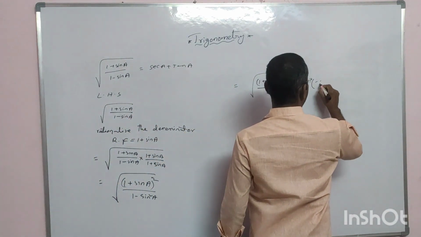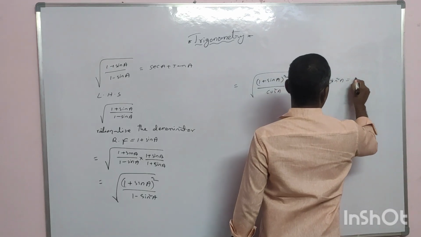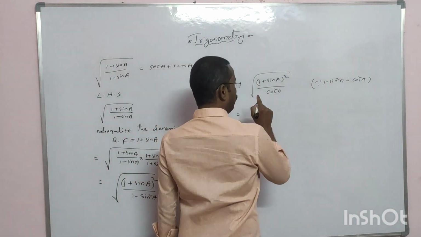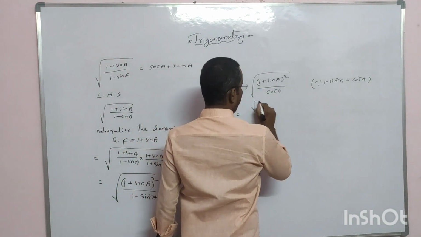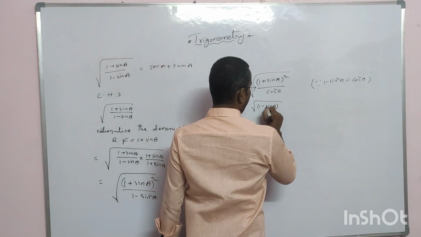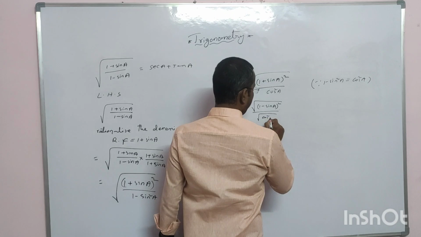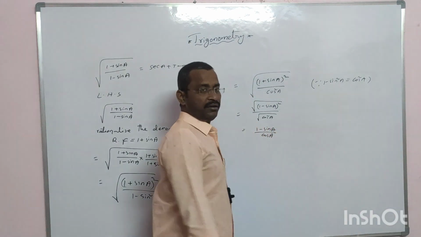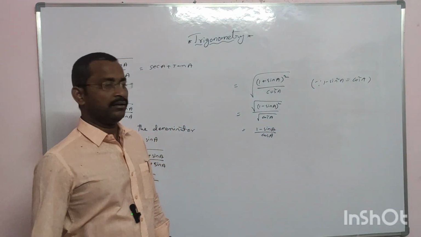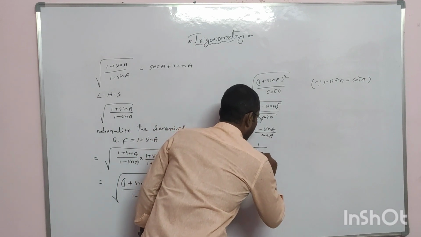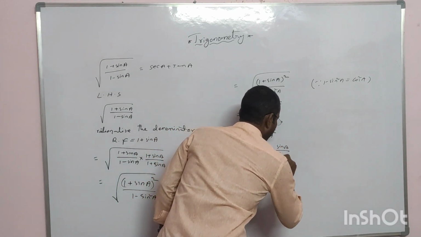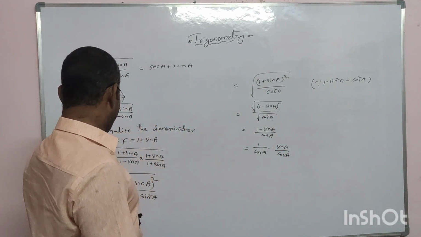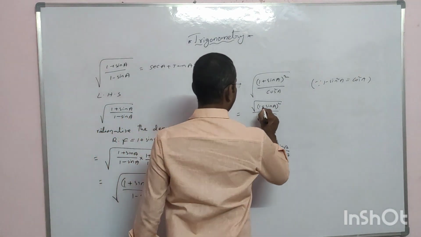So you can write 1 minus sin square A is equal to cos square A, according to the identity. Now, when you apply the square root separately, under root of 1 plus sin A whole square by under root of cos square A, square and root get cancelled. 1 plus sin A by cos A. Now split it: 1 by cos A plus sin A by cos A. I'm sorry, this is plus, we forgot the plus.